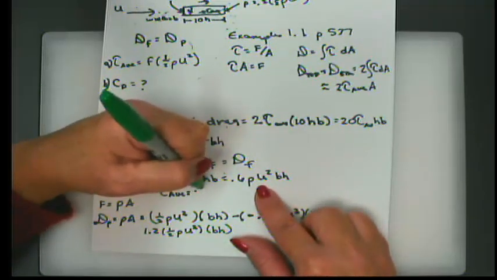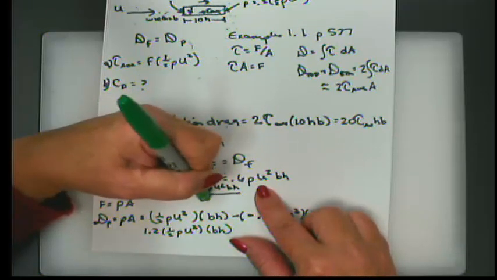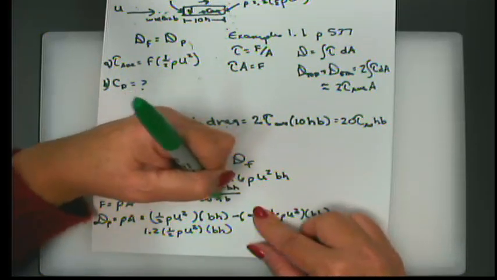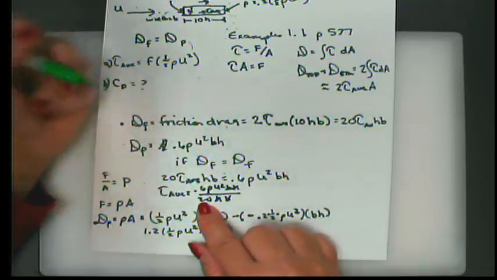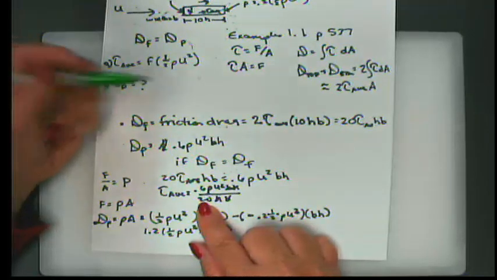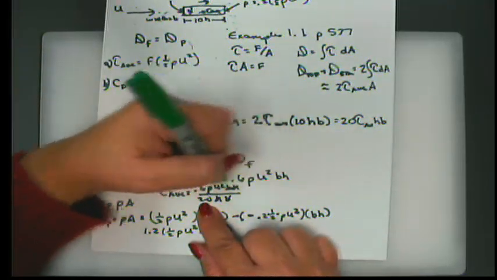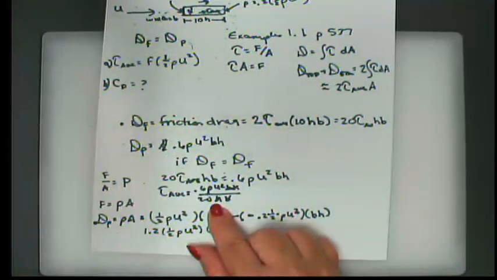Equals this term. I'm just going to divide through by 20 HB. H is canceled, B cancels. We have 0.6 divided by 20. And then we have rho u squared.